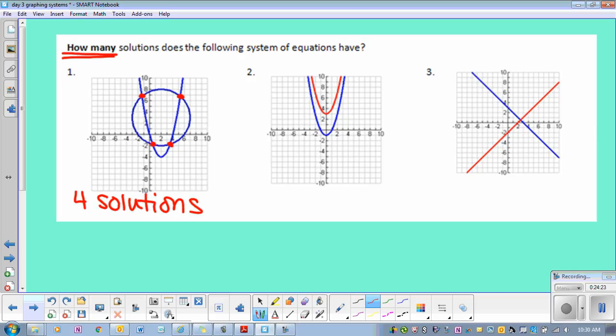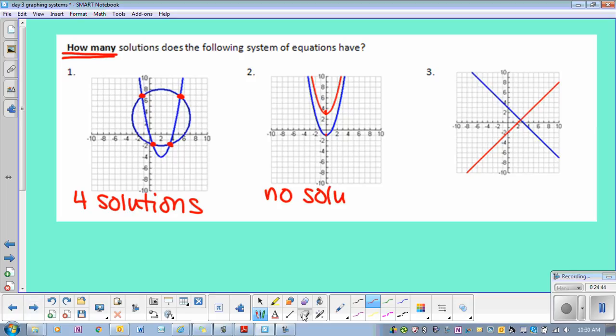Look at the next one. Does the next one ever cross? No, because you see how their vertices are the same, right? It's a parabola right inside of another one. This is no solution. Or none.